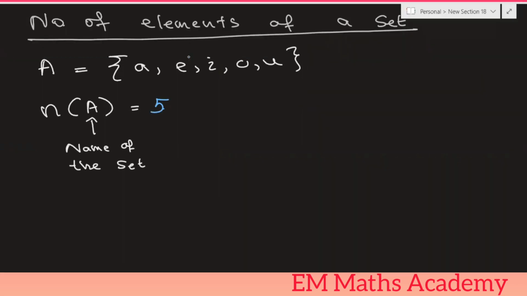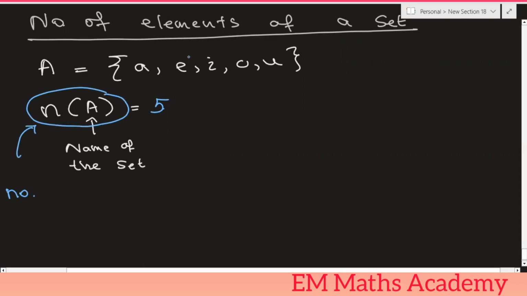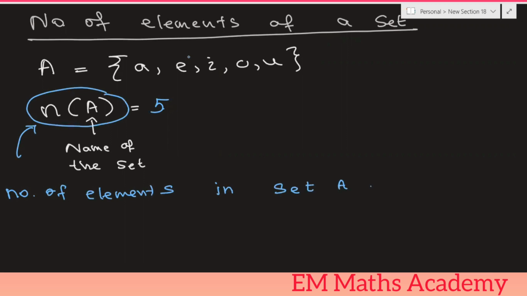Okay, actually how we read this one: number of elements in set A. Okay. Now we have finished identifying the types of sets. Okay, here and after we have the main part to describe. It is about operations of sets.